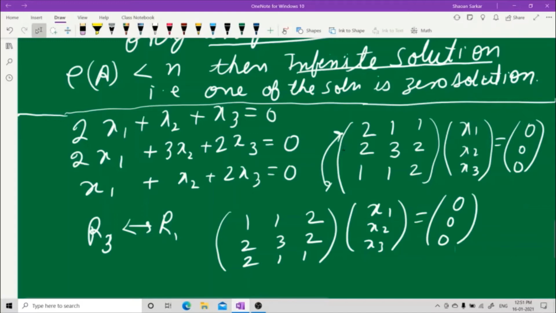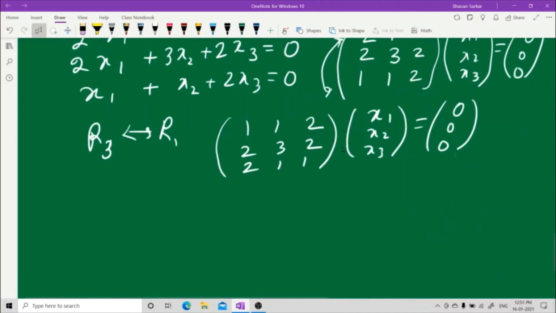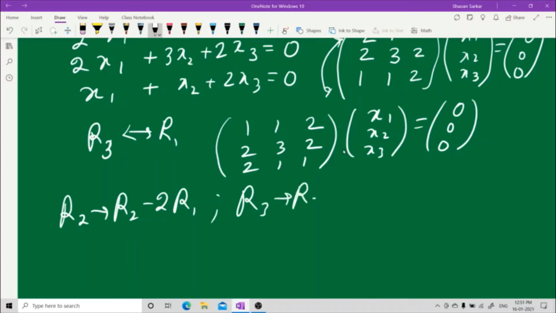Now the thing is this. Now I'll use the row operation. R2 is R2 minus 2R1 and R3 is R3 minus 2R1.